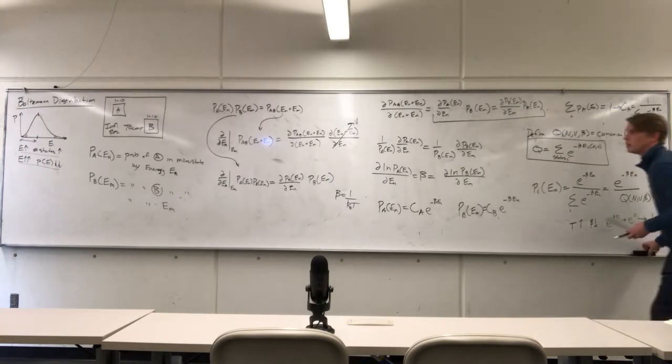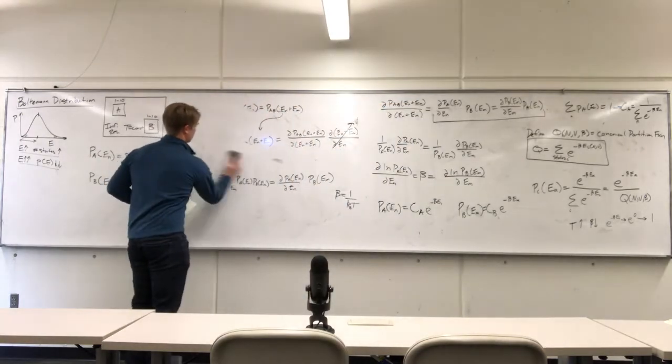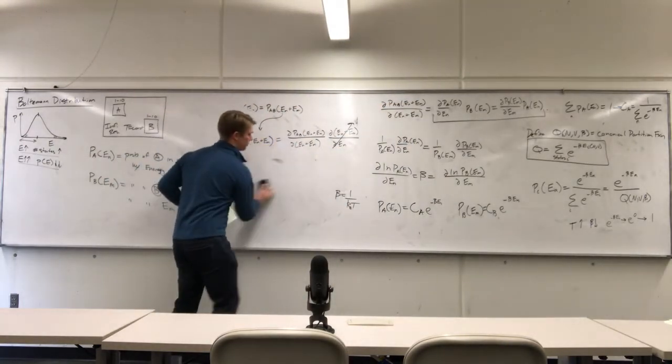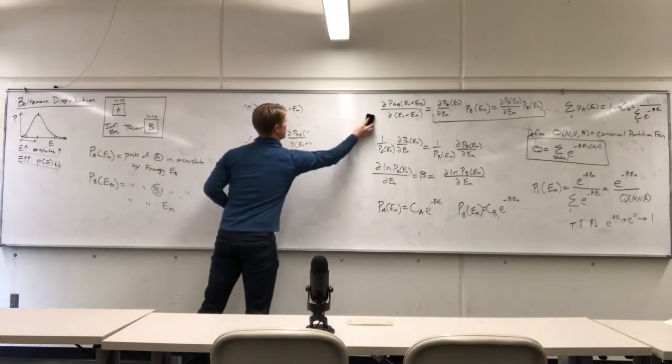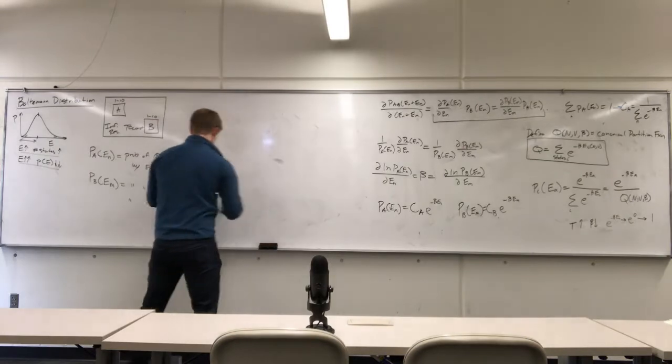All right. So, how we get to the Boltzmann distribution here is I'll just slightly rewrite that expression. That is the summation over all the states.